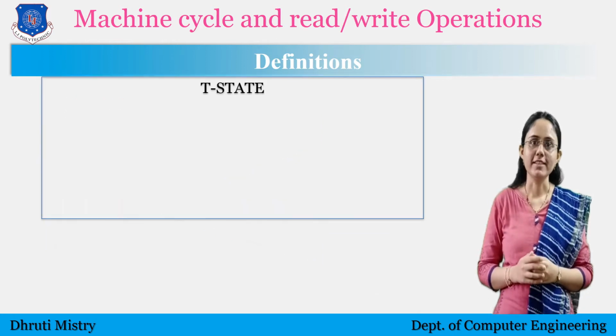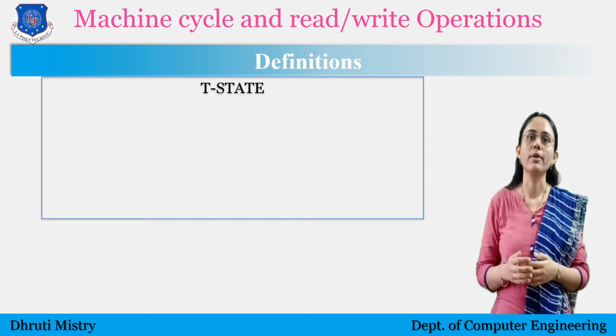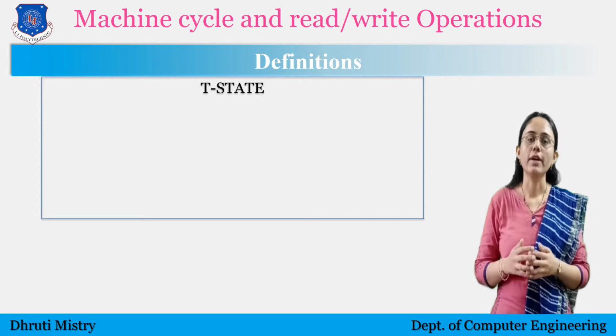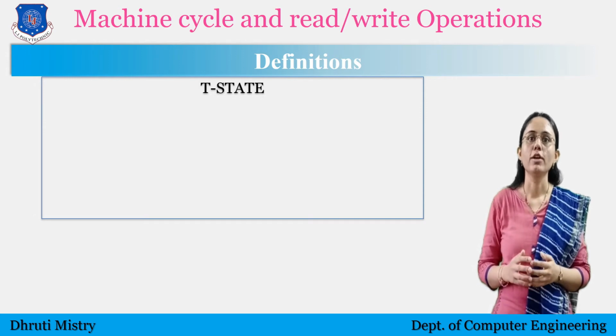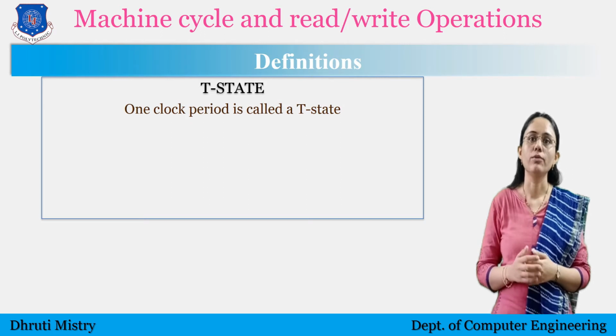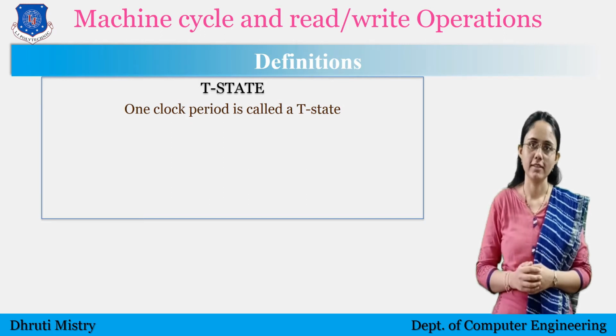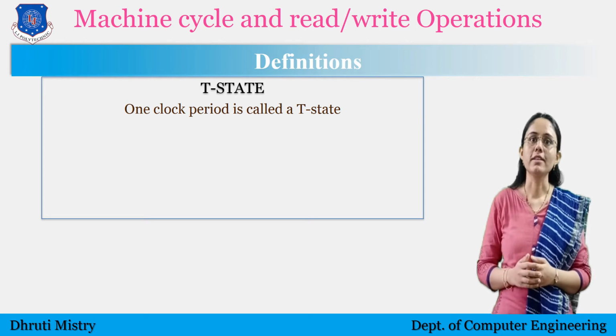And then T-state. Processors work in synchronization with a periodic signal called clock signal. The part of any operation carried out during one time period of this clock signal is known as the T-state. Sometimes T-state is also used to refer to the time of one clock period.